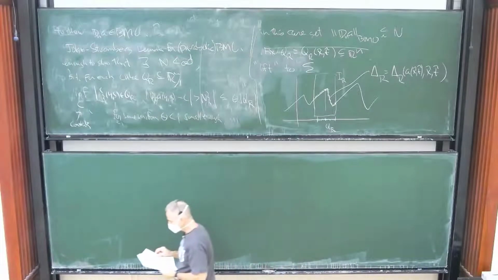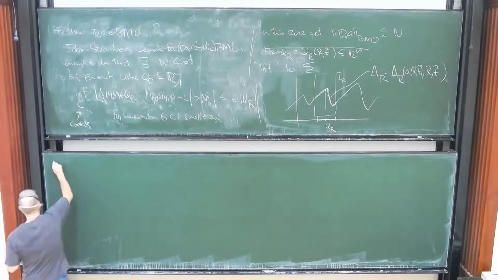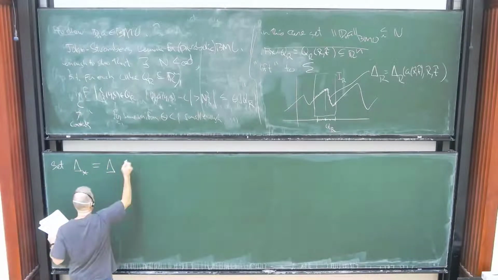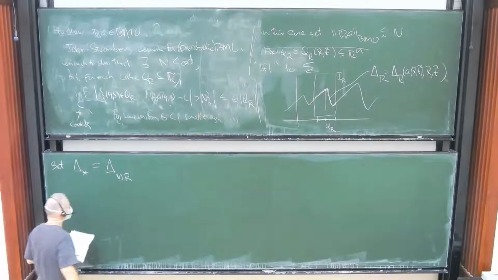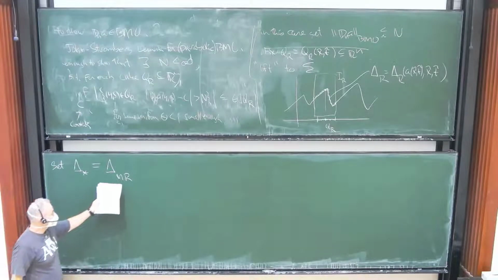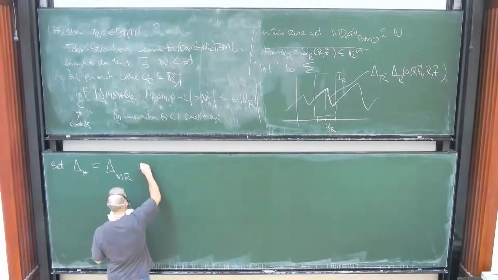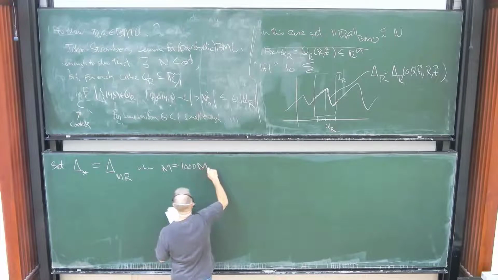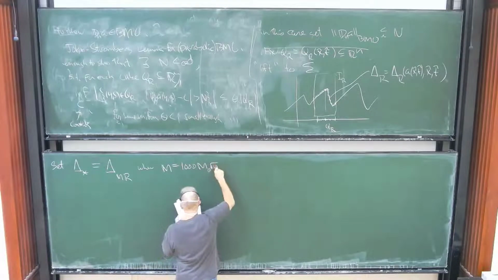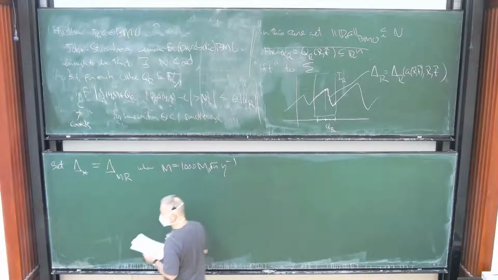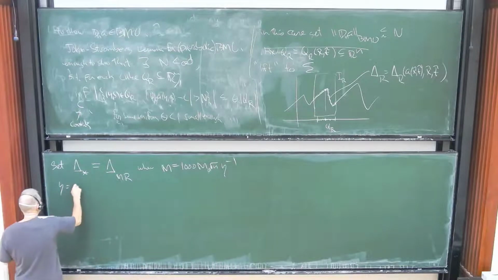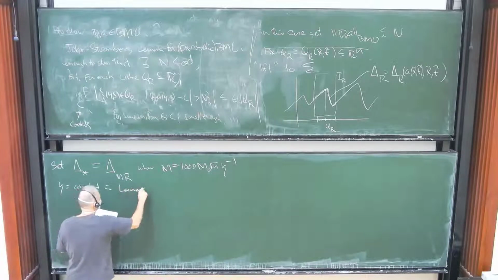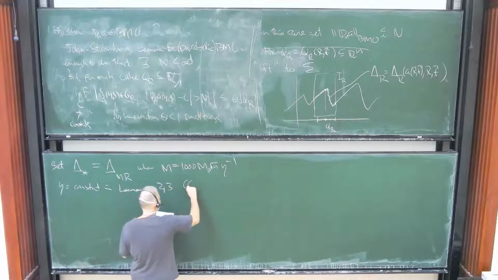All right. And then I'm going to set Delta star to be the same center with side length m times r, where m is going to be, let's say, 1,000 times our usual constants, m naught times the square root of n, times eta to the minus 1, where eta is the constant in lemmas 2 and 3, which are these Caffarelli-Salsa lemmas.